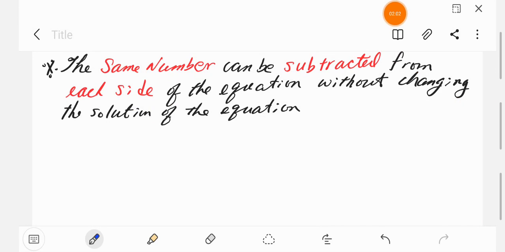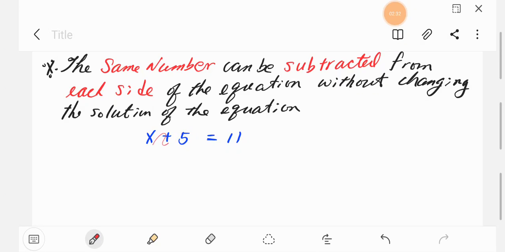Here is a very important concept. The same number can be subtracted from each side of the equation without changing the solution of the equation. Let's use the previous example: x plus 5 is equal to 11. From this we can subtract a number from each side.